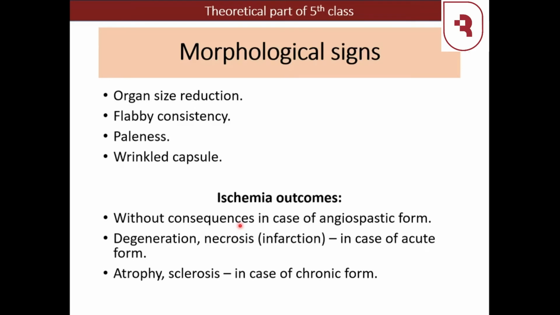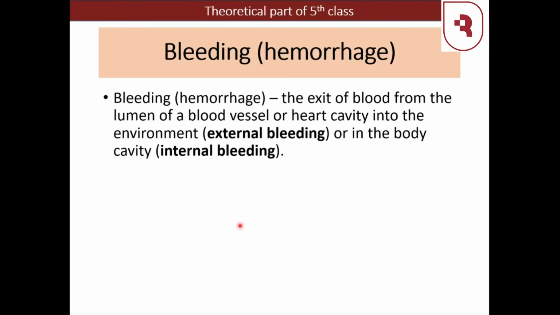Without consequence in case of angiospastic form, for example, in case of short duration of spasm; degeneration and necrosis in case of acute form; and one of the most important outcomes will be atrophy and sclerosis in case of chronic form.